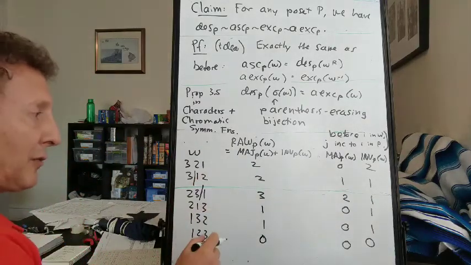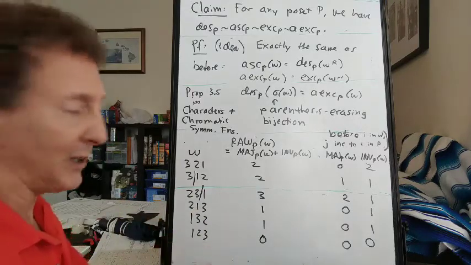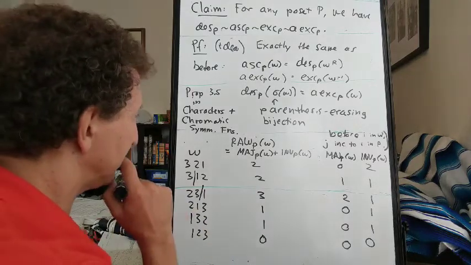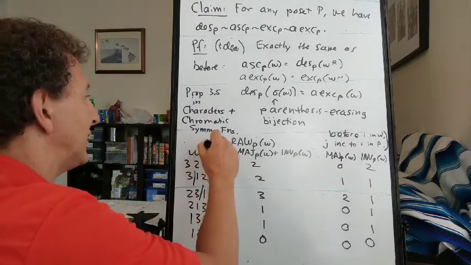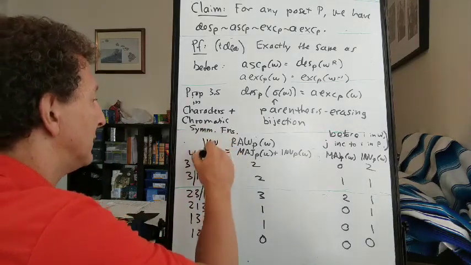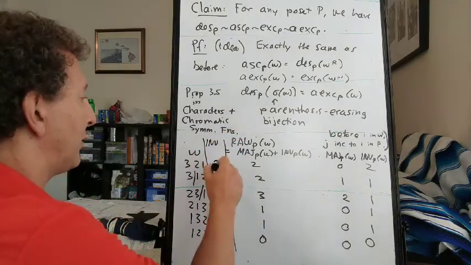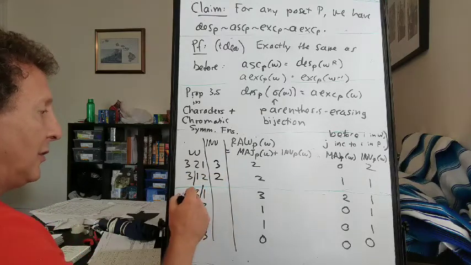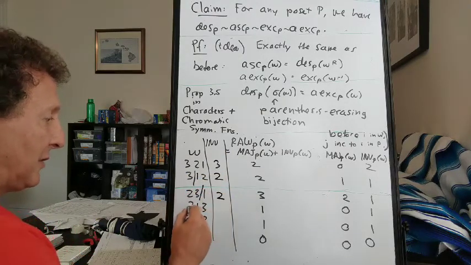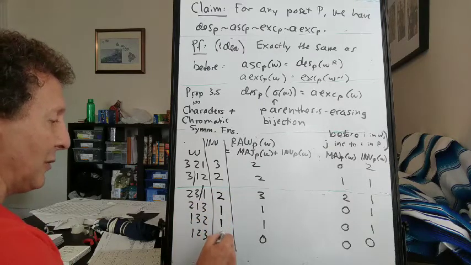Now these numbers might look familiar because this is the same distribution as regular inversions or regular major index. If we put regular inversions here, we've got 3 inversions, 3, 1, and 3, 2 are 2 inversions, 2, 1, and 3, 1 are 2 inversions, 2, 1 is a single inversion, 3, 2 is a single inversion, there's no inversions here.